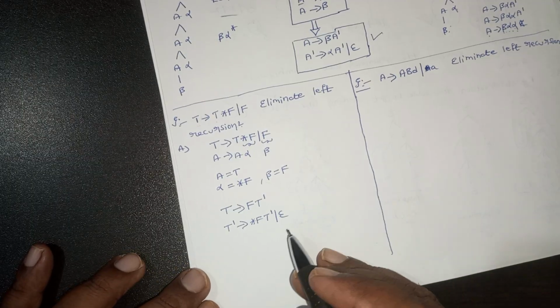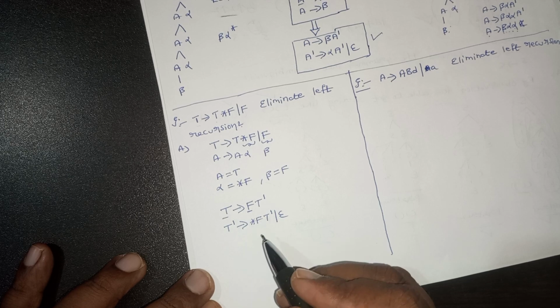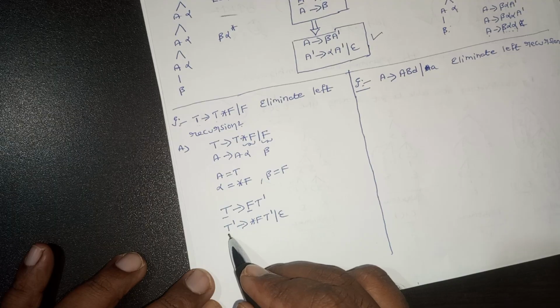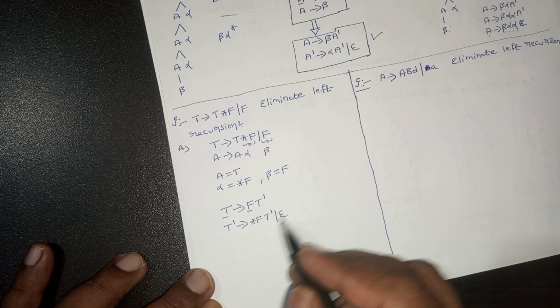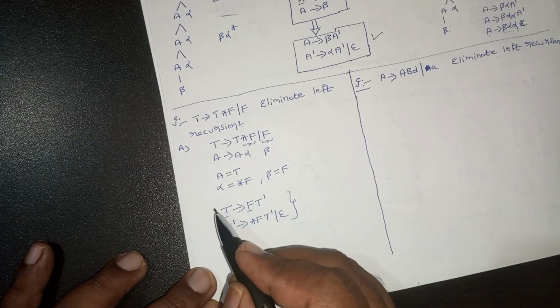This is the answer. Now you see here, this symbol and this are different. Here also these are different. Now this is the grammar without any left recursion. So this is the answer.